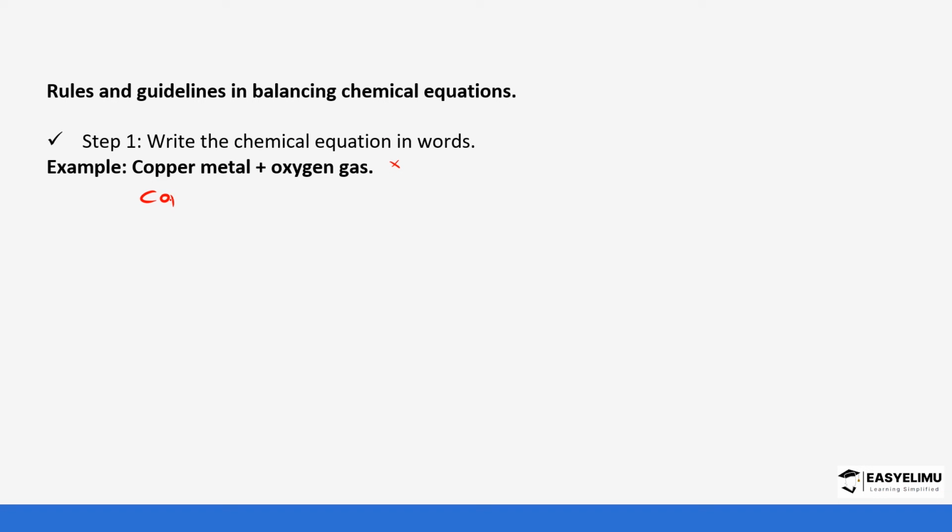So it is copper metal plus oxygen gas to form copper oxide, and it is specifically copper 2 oxide. Although we also know that we have copper 1 oxide, in this case, because it's the highest oxidation number, it will have the highest tendency of forming unless we are told otherwise.